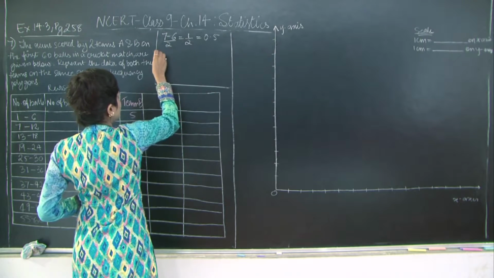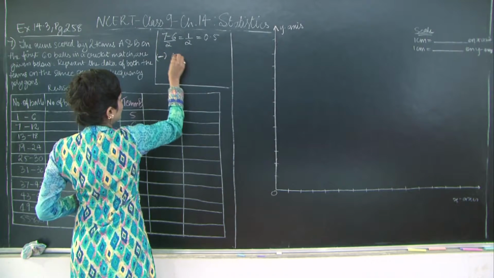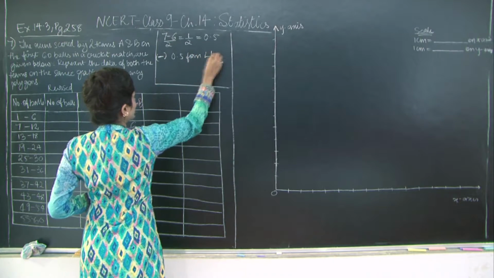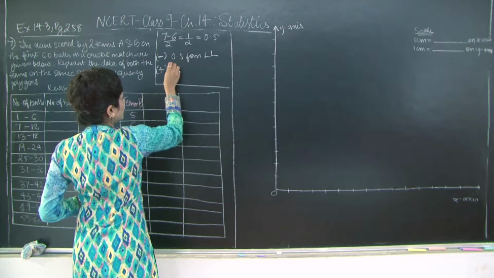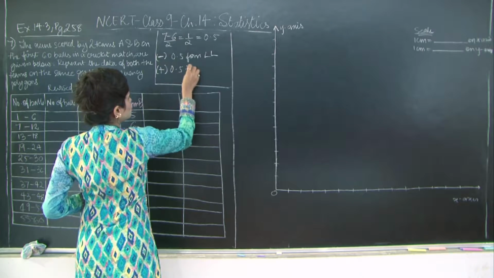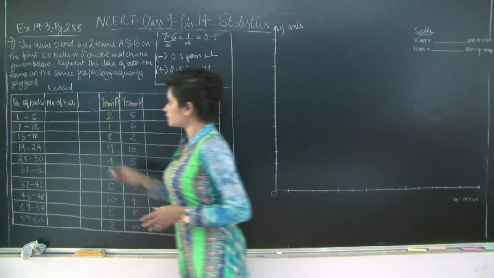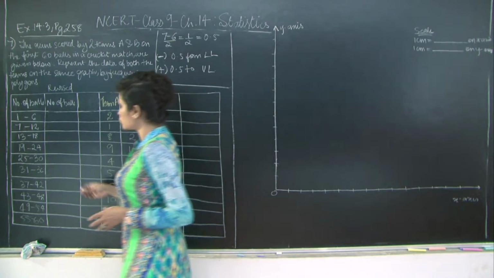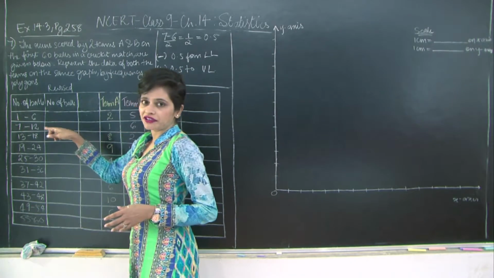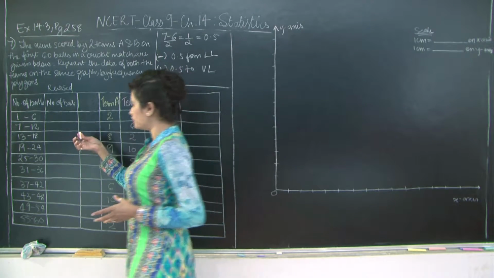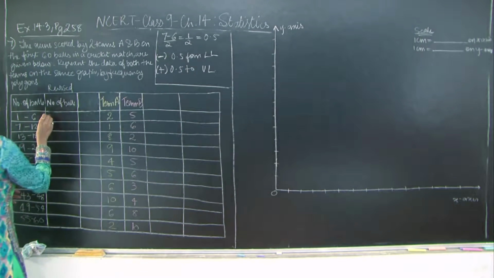So subtract 0.5 from lower limit and add 0.5 to all the upper limits, right? Let's do this. So now the revised class intervals would be 1 minus 0.5 is 0.5 and 6 plus 0.5 is 6.5.